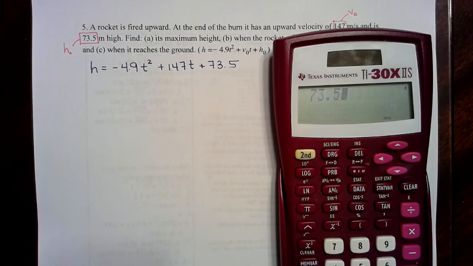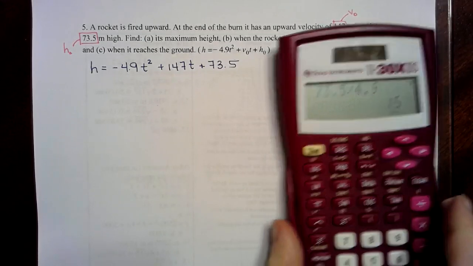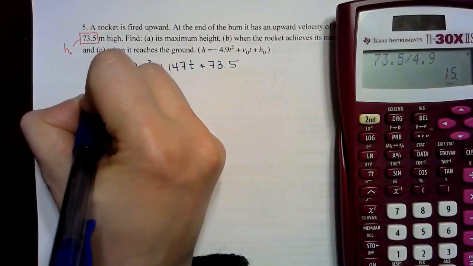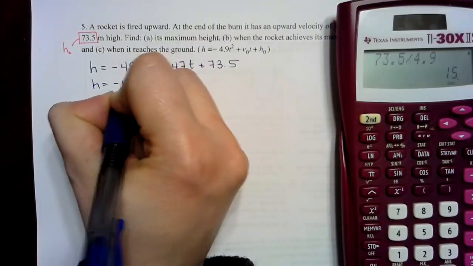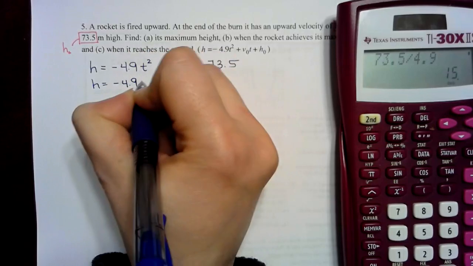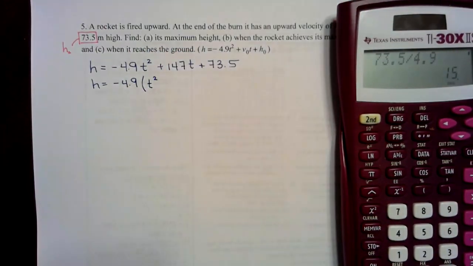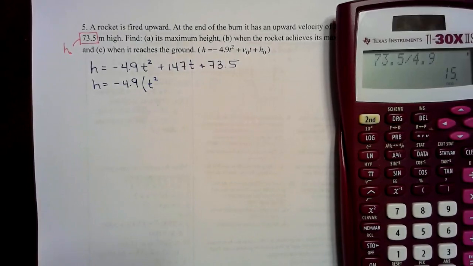And 73.5 divided by 4.9, that also comes out nicely. So I'm going to rewrite my formula by factoring out the negative 4.9 in the hopes that this makes later parts of the problem easier.